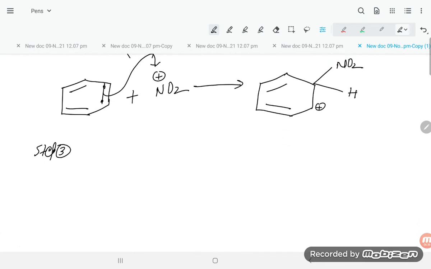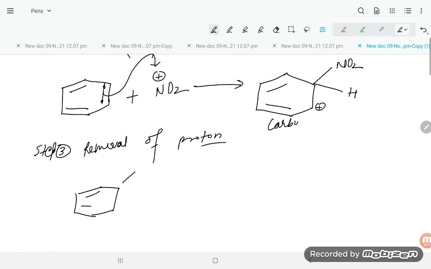Step number 3 is removal of proton. How will the removal of proton take place? This intermediate is nothing but a carbocation. This is the NO2 group, here is H, this is the positive charge.